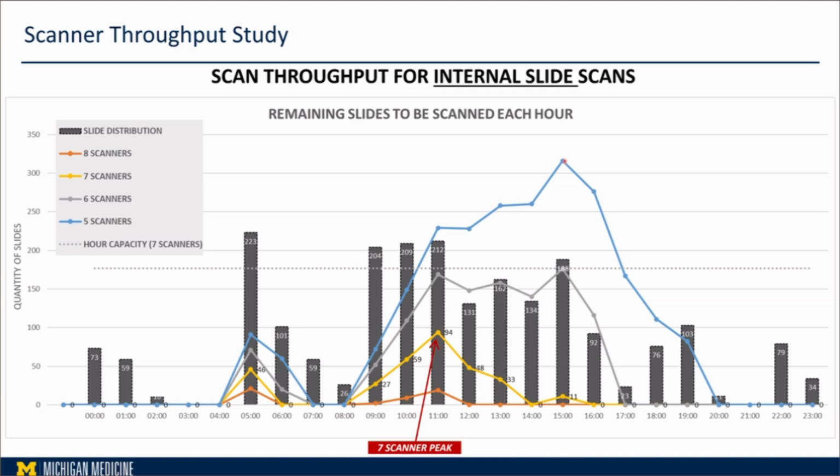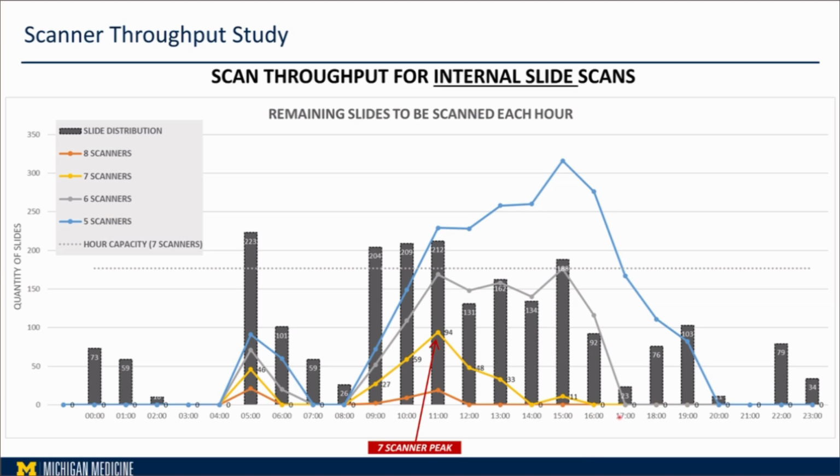So what I'm sharing with you, if, for example, our lab has 5 scanners, by 3 p.m. on that day, you might have more than 300 slides still need to be scanned. While at the same time, if you have 8 or 7 scanners, you see you have less than 50 slides that you need to scan and distribute digitally.